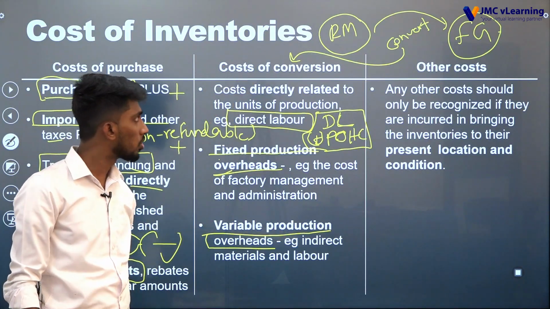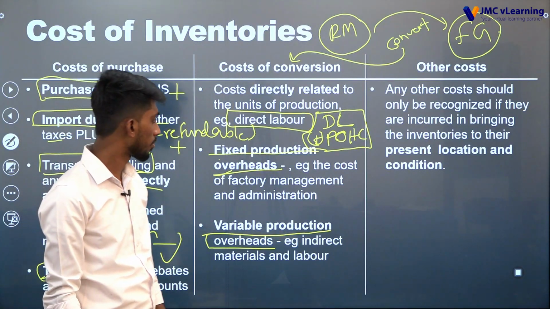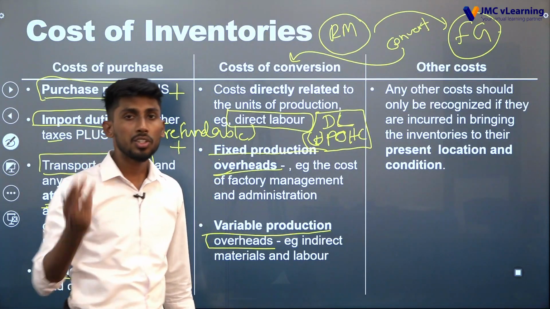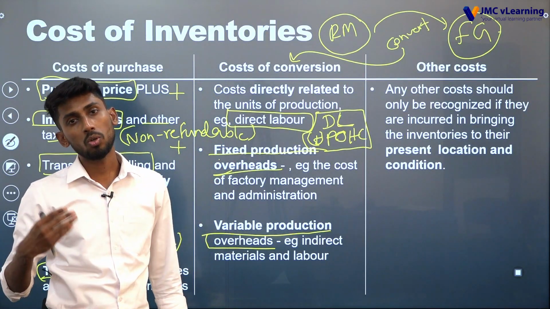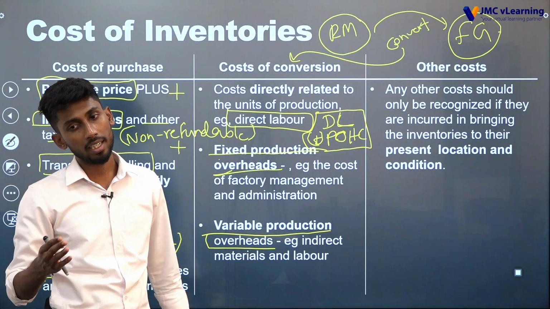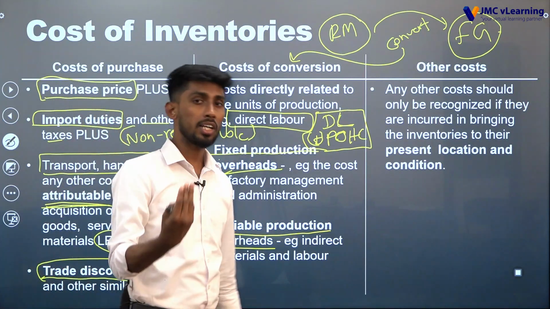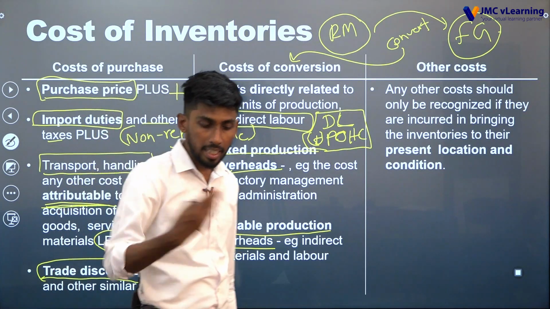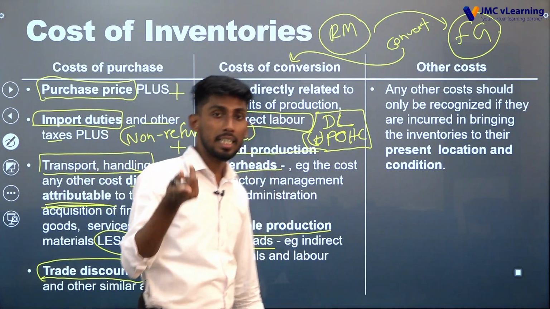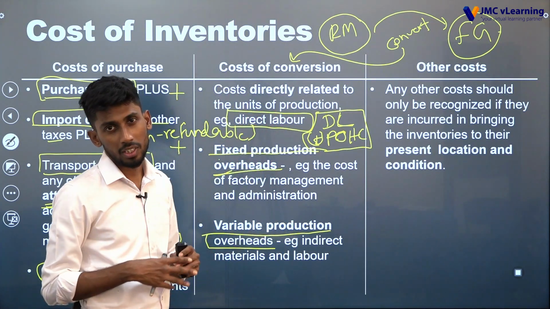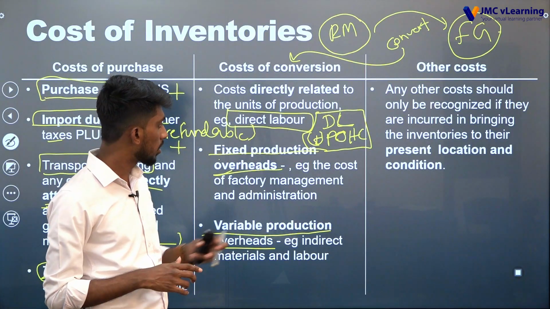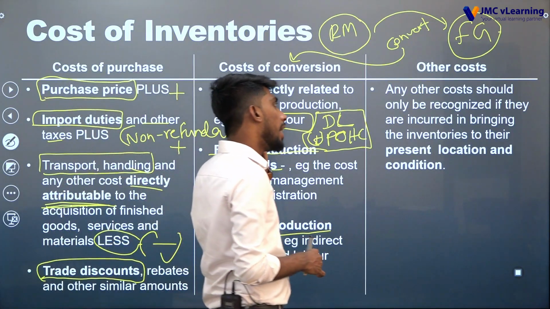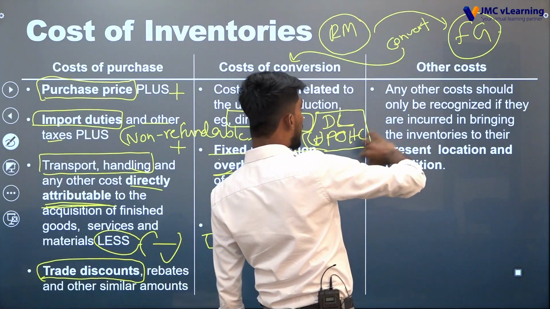Now we know the cost of conversion also. And can we include any non-manufacturing or non-production overhead cost? Can we include any cost that we incur not for the production? No, we can't. We can incur cost for any reason, but we can't add all that into the cost of conversion. We can add only the cost of production.